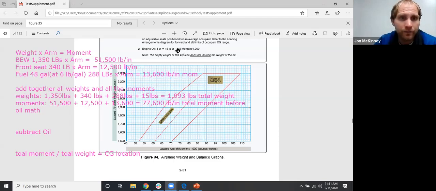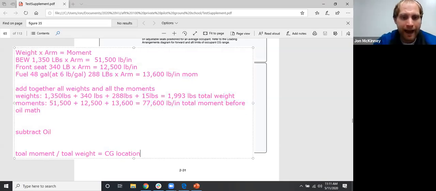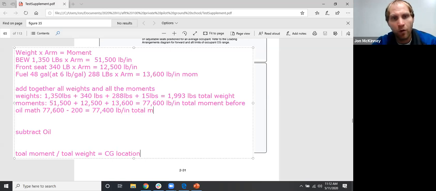So the oil math is that we were at 77,600, but we're going to subtract 200 for that oil that's in front of the datum. And that's going to give us an answer of 77,400. And that's pound inches, and that's now our total moment.